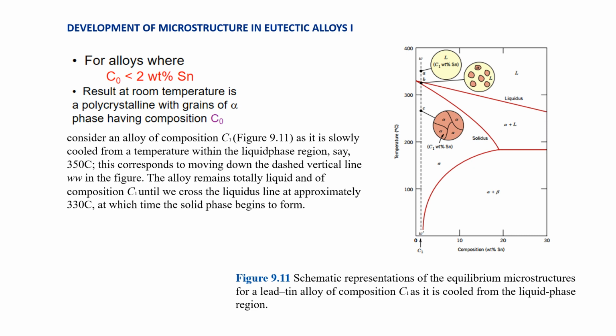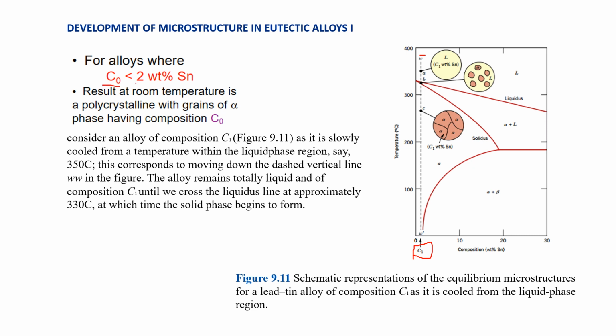These possibilities are considered in the subsequent slides, in which the composition is changed from one point to the other, just like in the given example. In this slide we will explain the microstructure on slow cooling of composition C1, at the line W W prime.